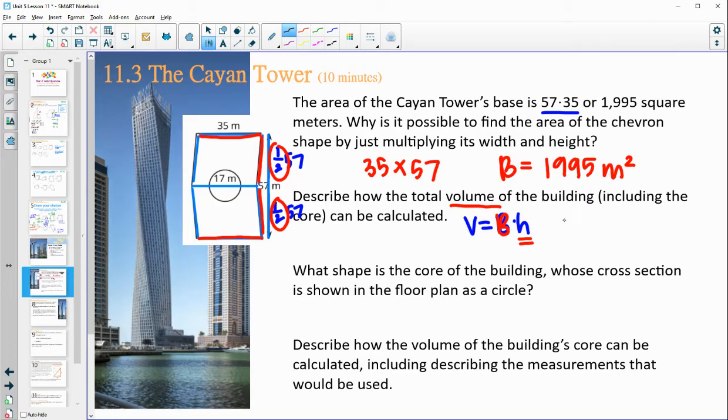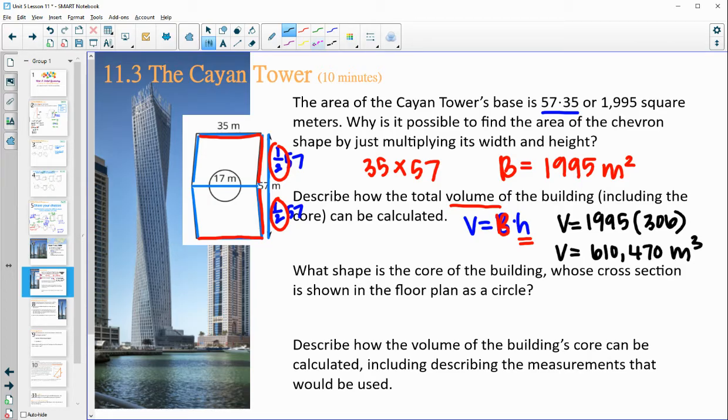And we're in meters. So remember, I told you that the height of this building in meters is 306. So you could just multiply those. So 1,995 times 306 gives us a volume of 610,470 cubic meters.